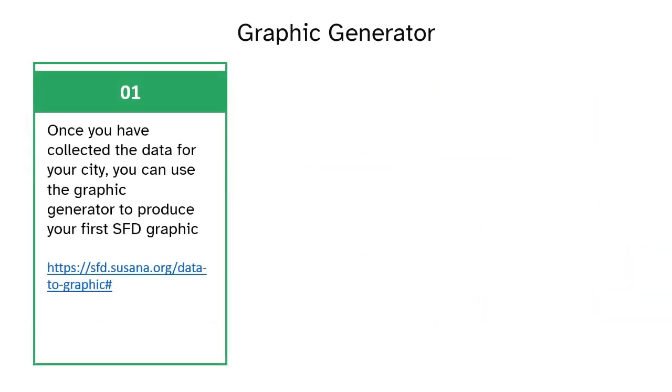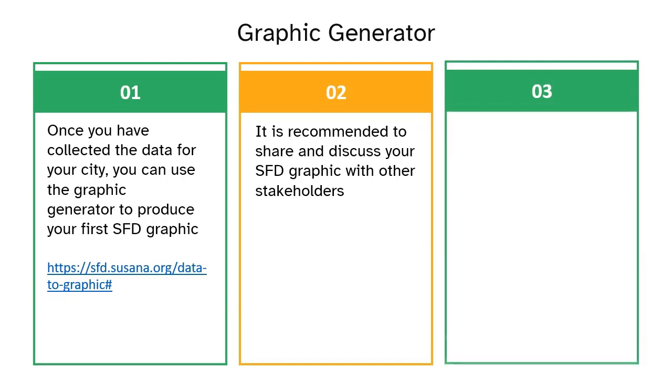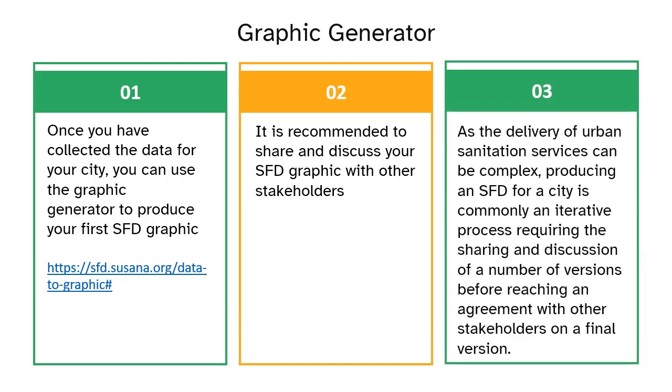Once you have collected the data for your city, you can use the graphic generator to produce your first SFD graphic. It is recommended to share and discuss your SFD graphic with other stakeholders. As delivery of urban sanitation services can be complex, producing an SFD for a city is commonly an iterative process requiring the sharing and discussion of several versions before reaching agreement with other stakeholders on a final version.